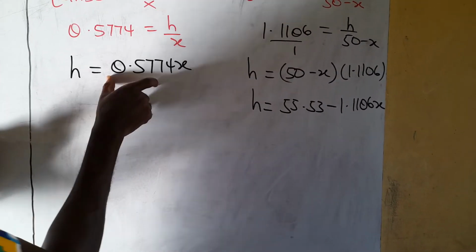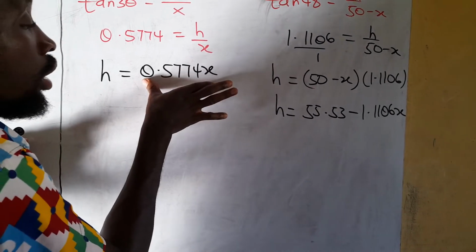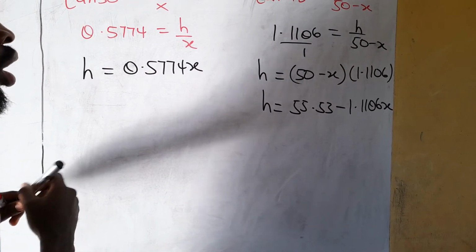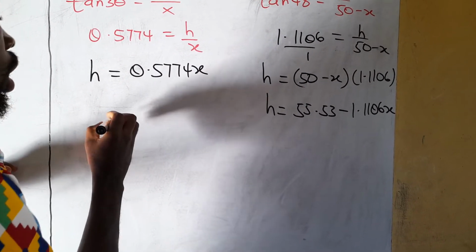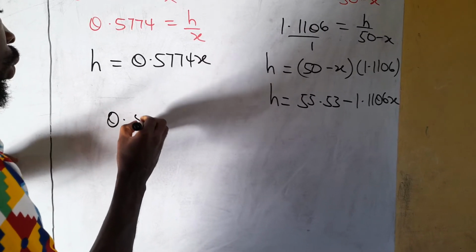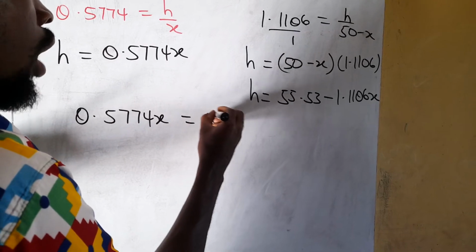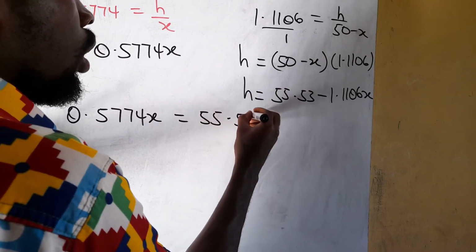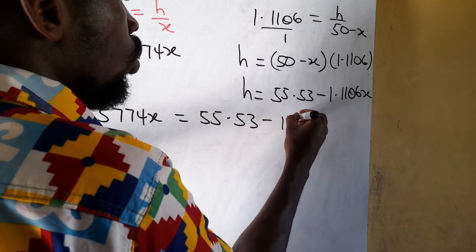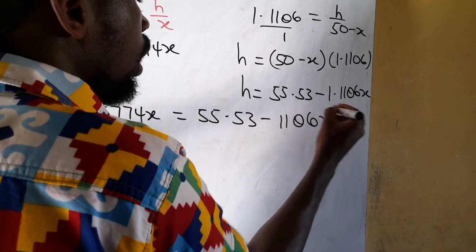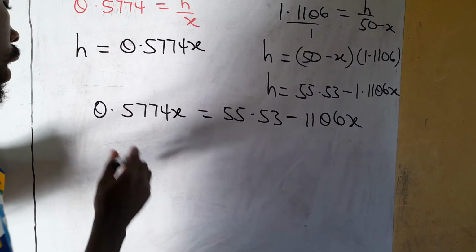So now we have H here and H here. So we can say that this is equal to that. So we can say our 0.5774x will equal 55.53 minus 1.1106x.